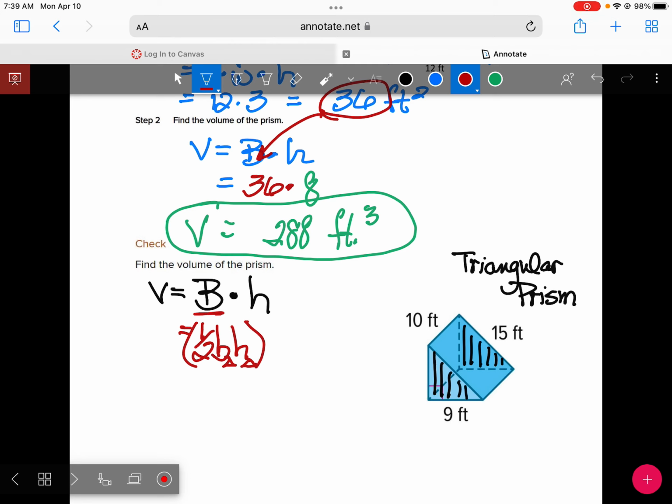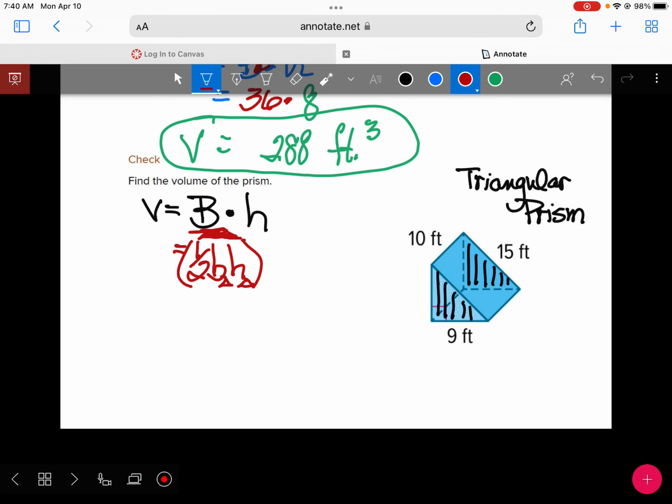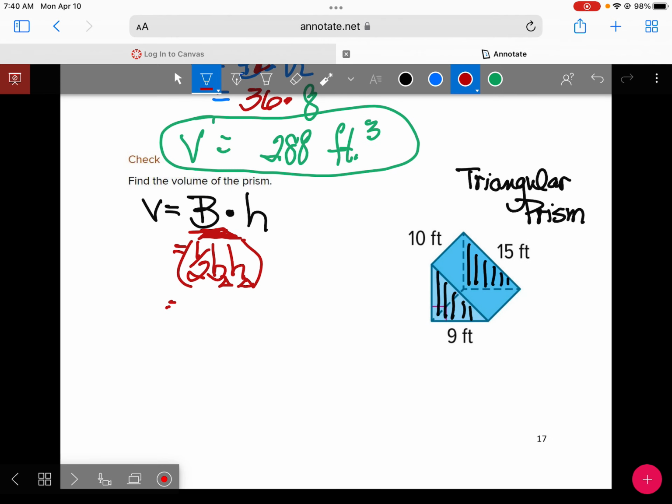Okay. This is just the base that we're finding right here. So 1/2 times base times height of the triangle. All right, so we got 1/2. The base of my triangle was right here, like what it's sitting on. So that's 9 times the perpendicular height.